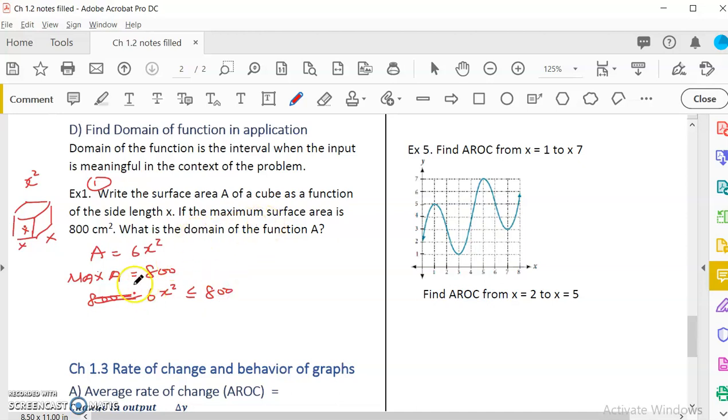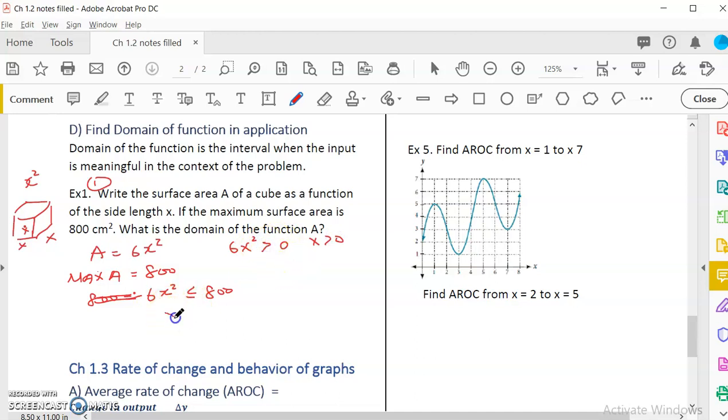And because x is positive, x squared is also positive, right? So there are two restrictions. One is that 6x squared is positive. Can it be 0? No, because it's real life, right? x must be positive. So 6x squared has to be positive.